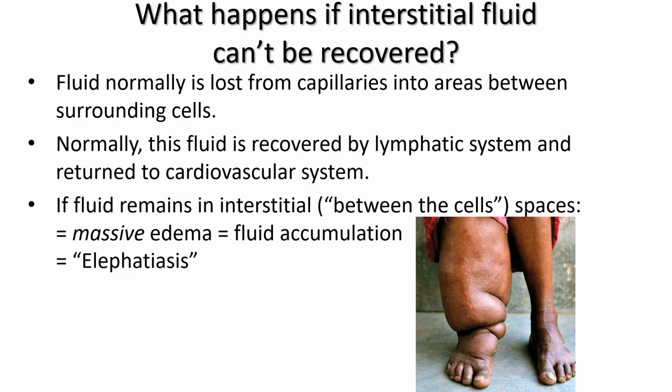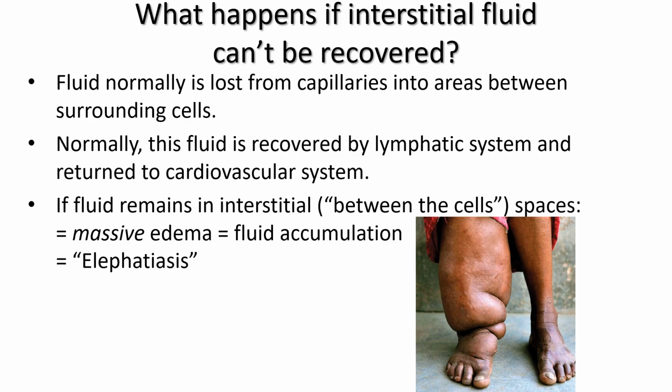Now, sometimes that doesn't happen. When there's a malfunction and the fluid remains in the interstitial space, it can accumulate and start to build up, okay? This is called edema, and it's going to lead to swelling in the affected area.